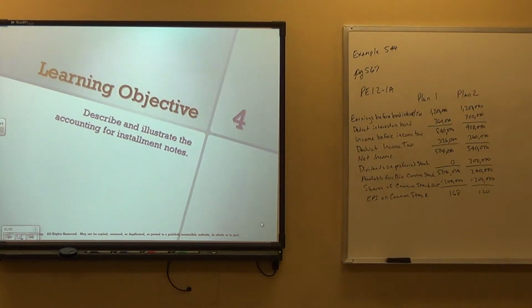So I want you to do a problem. 547 is your example. On page 568 is the problem, which is 12-2A.